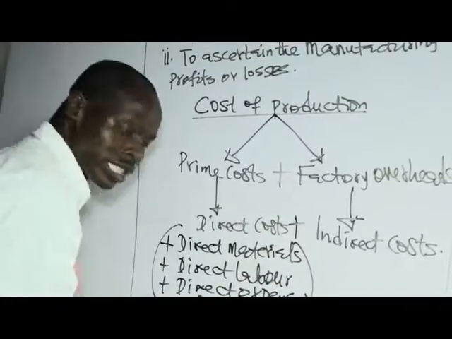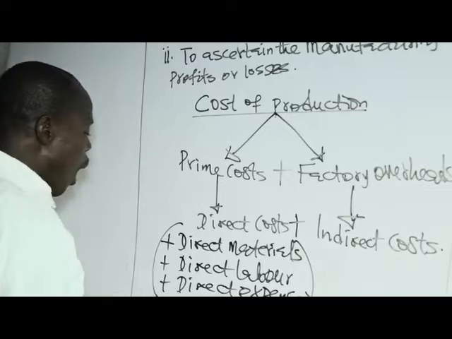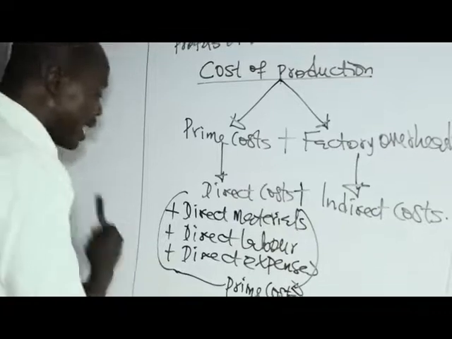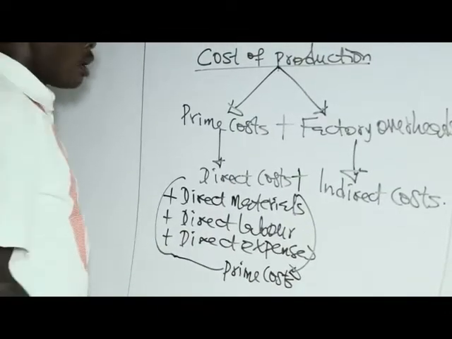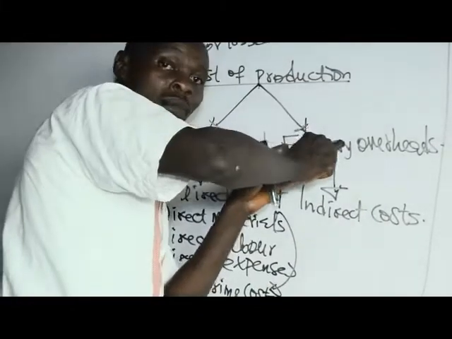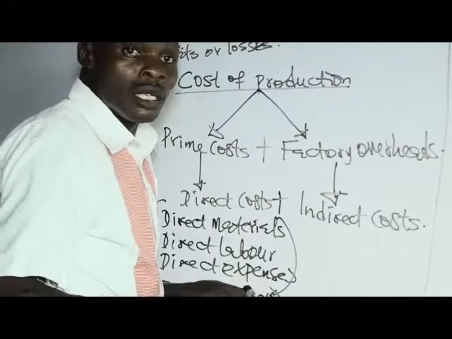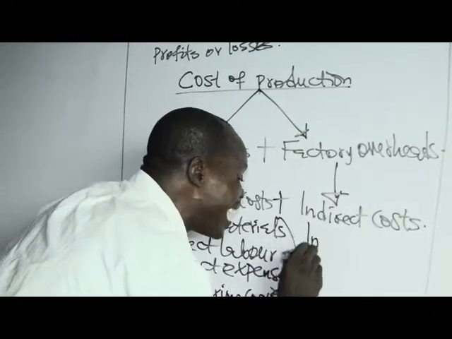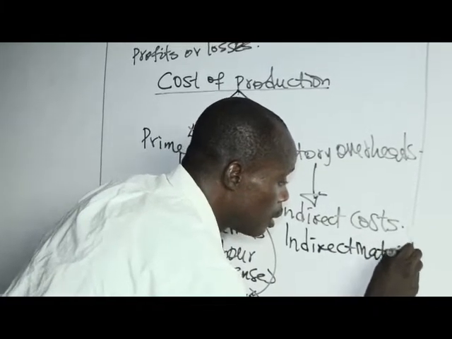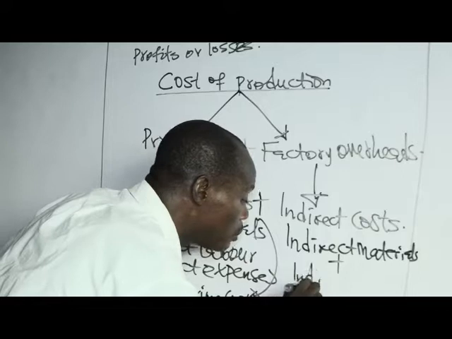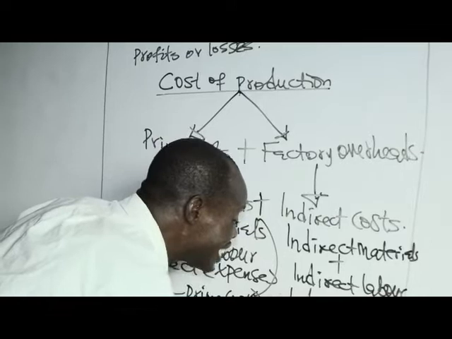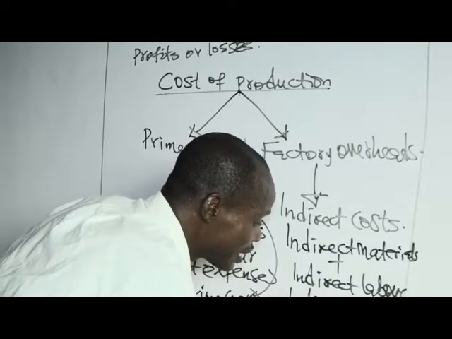I've told you that prime cost is the total of the direct materials, direct labor, and direct expenses. While indirect costs are the overhead costs. Overheads are the total of indirect materials plus indirect labor plus indirect expenses.